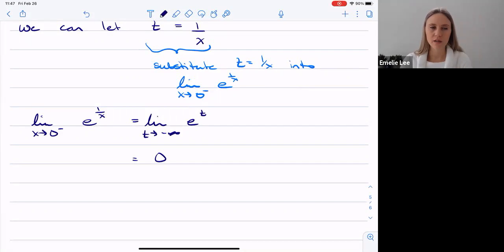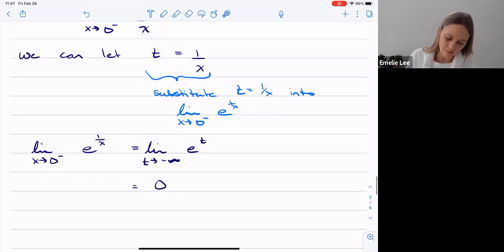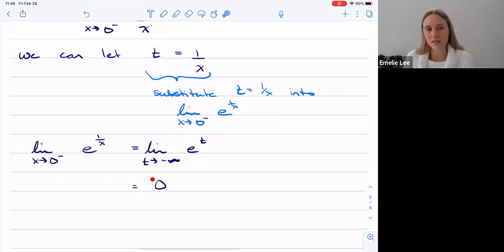Kind of wild, but it depends on that substitution of letting t be 1 over x, seeing how t behaves at the original limit, x going to 0 from the left, and then making the adjustments to the original limit, but then it's easy to see.